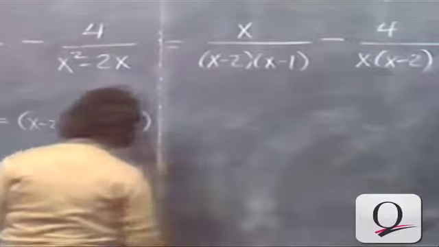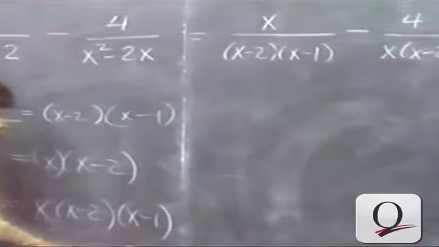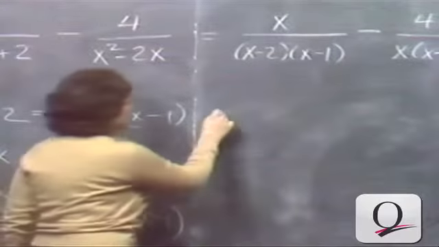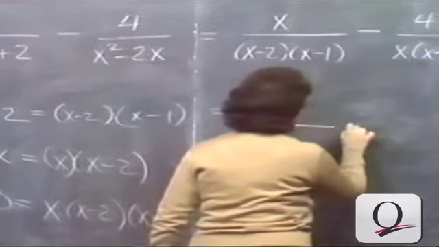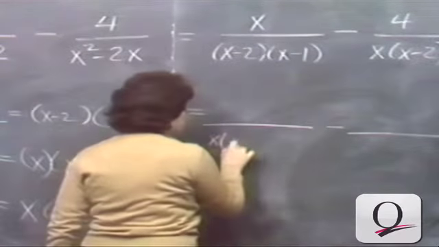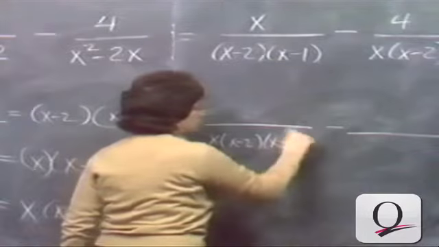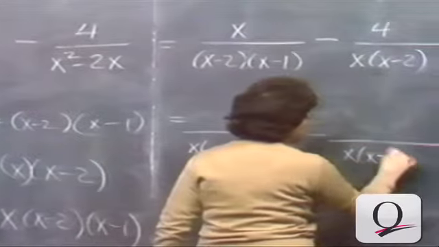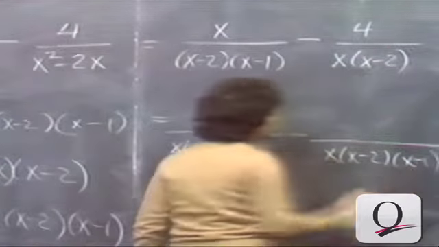Now x times x minus 2 times x minus 1 is the LCD. So we want to build fractions equivalent to these that have the denominator x times x minus 2 times x minus 1.